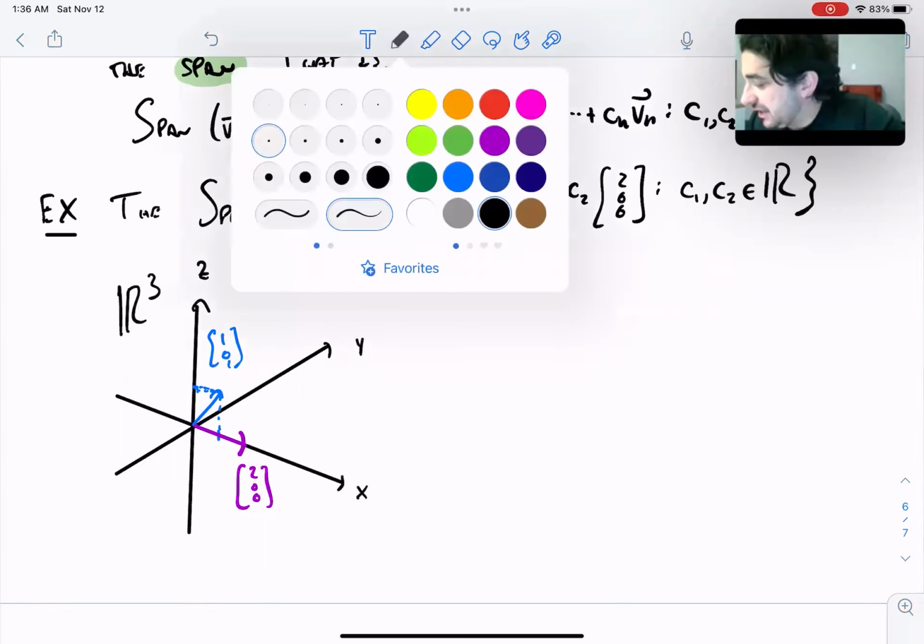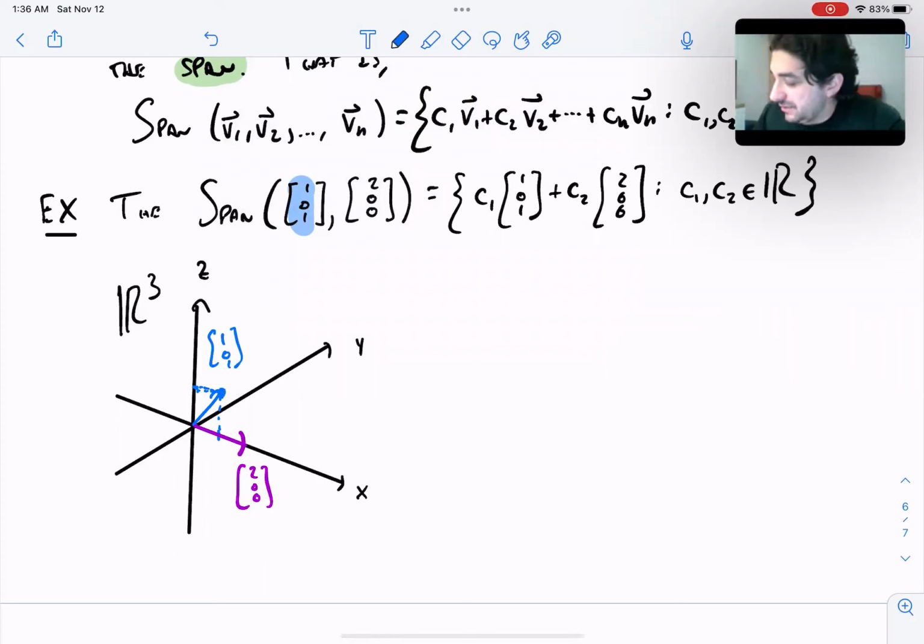Well, I can get this point by taking c1 equal to 1 and c2 equal to 0. I could take this point by taking c1 equal to 2 and c2 equal to 0.